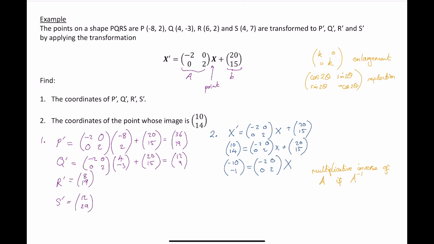Multiply by the multiplicative inverse. That's because if I do the inverse of A times A, I'm left with the identity matrix, which is effectively the same as multiplying by 1 in the sense of real numbers. So the identity matrix times x will just be x. Okay, great. So I can write that out. Both sides I'm multiplying by the multiplicative inverse.